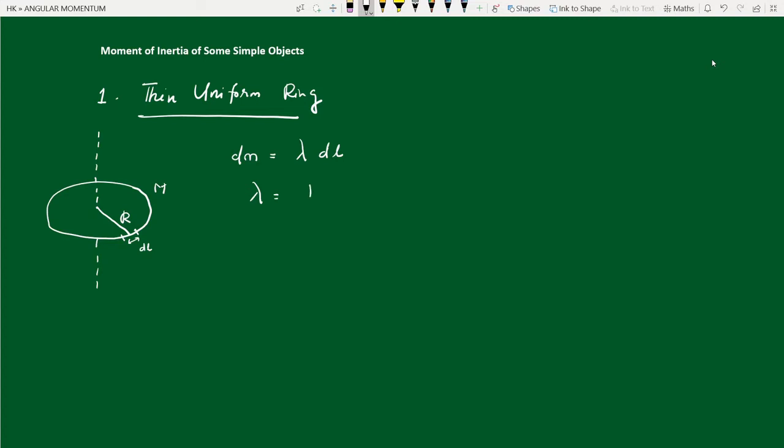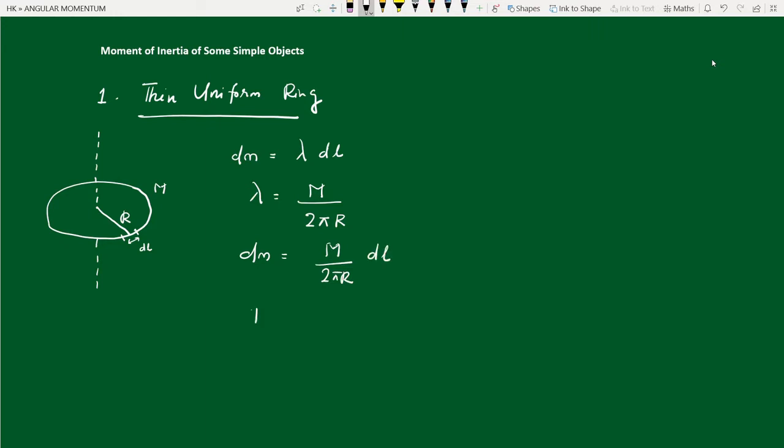So what is the mass per unit length? Total mass divided by total length of the ring. Since it's a ring, the total length is the circumference, 2 pi R. So mass per unit length is M divided by 2 pi R, and the differential mass of the elemental length dl is M by 2 pi R into dl.